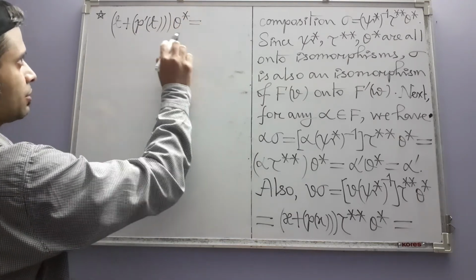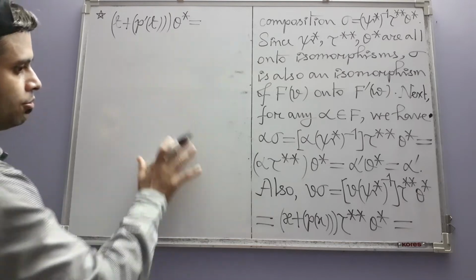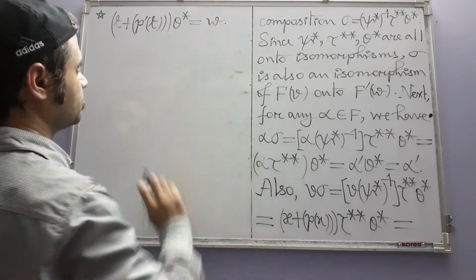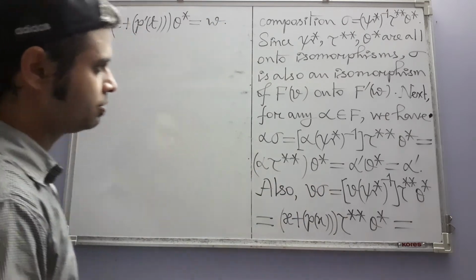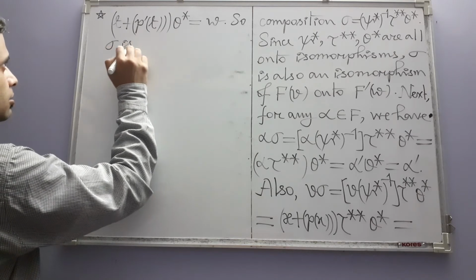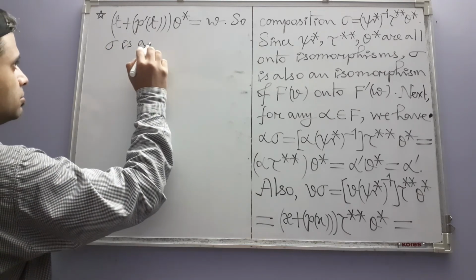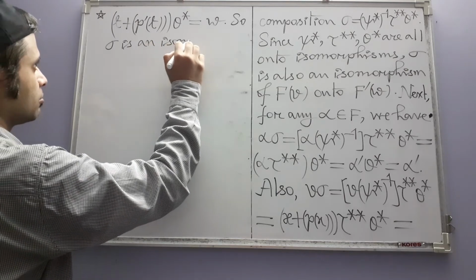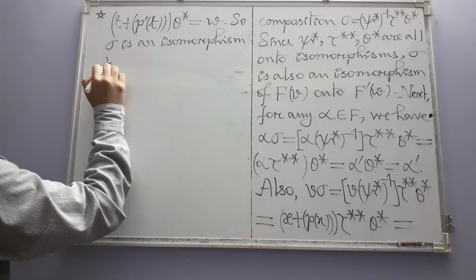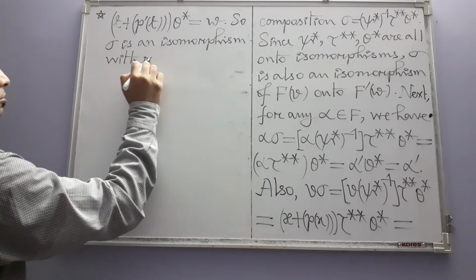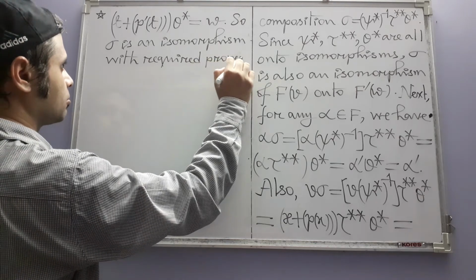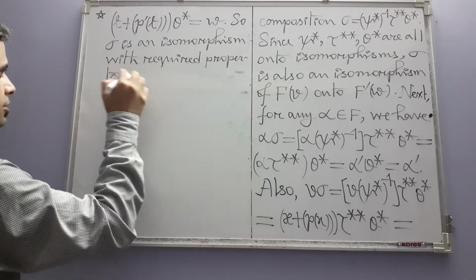And this thing, if we go back to the properties of theta that we wrote somewhere along the proof, is nothing but W. So that's how you get V sigma is equal to W. So sigma is an isomorphism with the required properties, and this completes the proof.